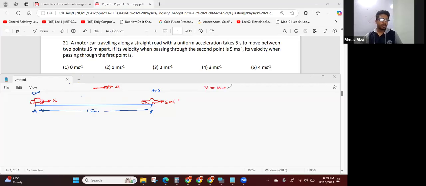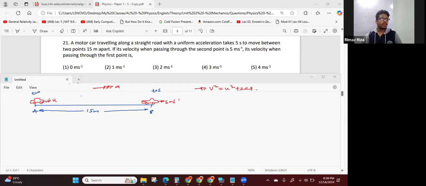equals u plus at to find the acceleration. We can find the acceleration first. a equals v minus u over t. So therefore a equals, sorry, u is not given there. Alright, so here I'll apply in this direction v squared equals u squared plus 2as.